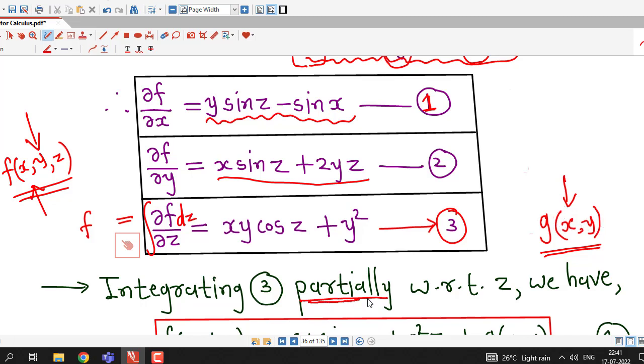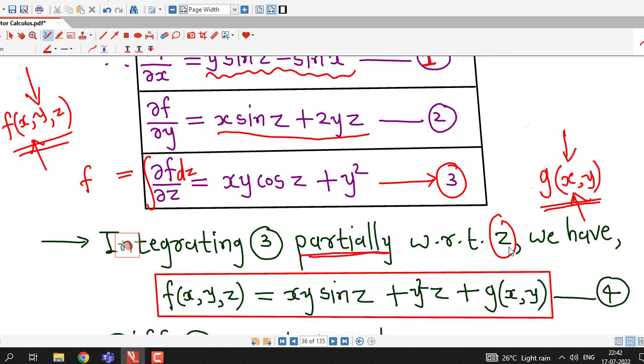Because we are integrating partially with respect to z, therefore we consider x and y as constants. Therefore the terms which contain x and y will be considered as constants. So therefore the constant of integration must be written as a function of x and y. So that we have written here, and here we have integral with respect to z, so integral of this with respect to z, plus constant of integration considered as function of x and y.